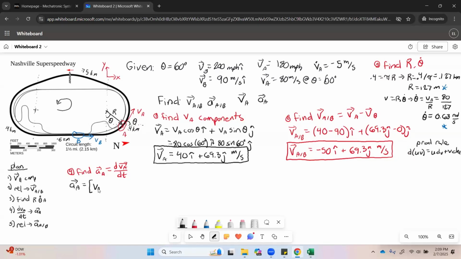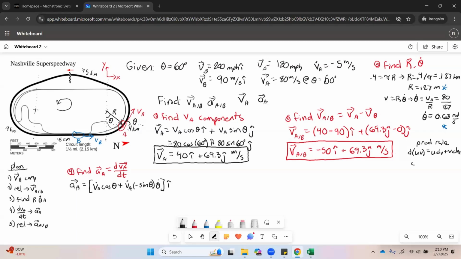So VA dot cos theta plus, now VA is held constant, and cos theta gets a derivative. So cos theta derivative is negative sine theta, but then because of chain rule, we get a theta dot. So negative sine theta, theta dot, in the I hat direction.